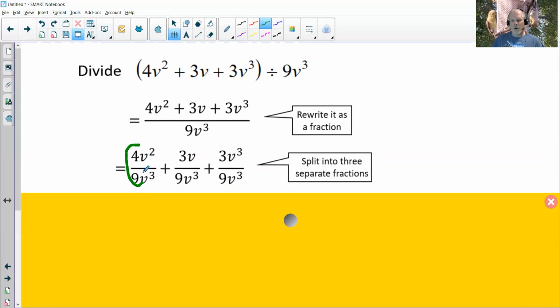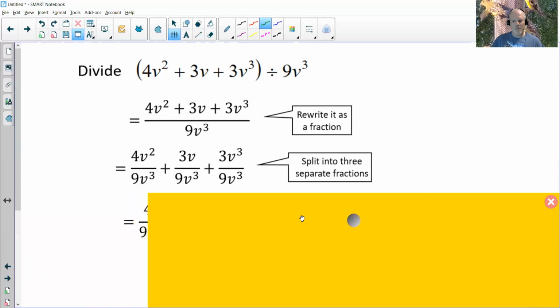The 4 over 9, you cannot simplify, so it will remain in our answer. The v squared over v cubed, well, these two v's are going to essentially cancel out with 2 of the 3 v's in the denominator, leaving me with 1 v in the denominator.